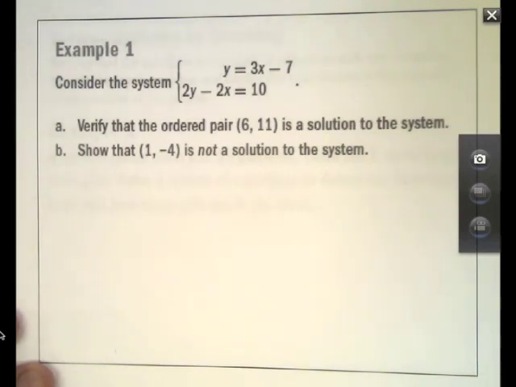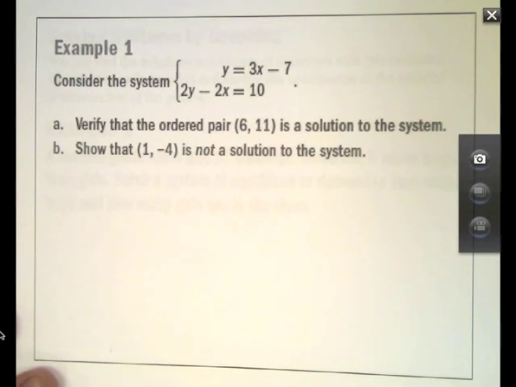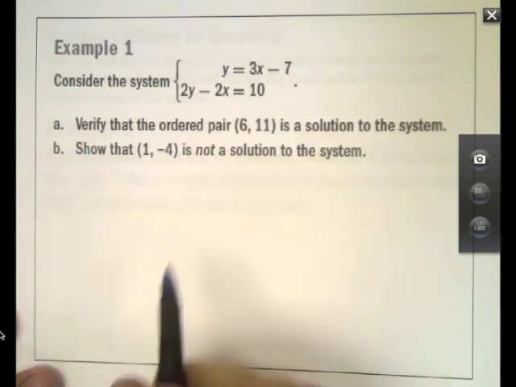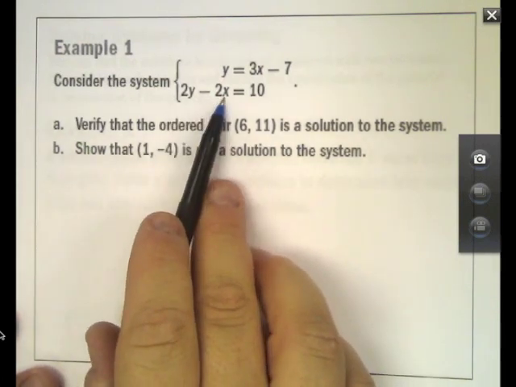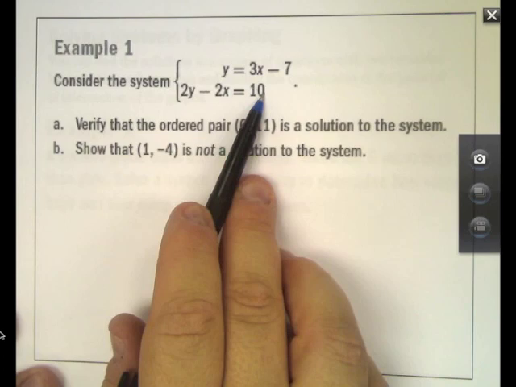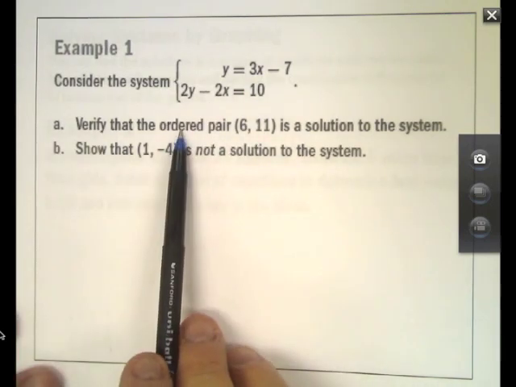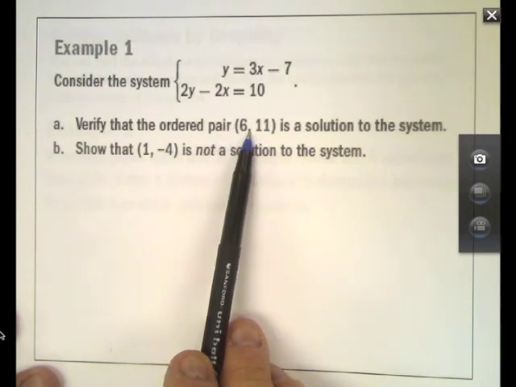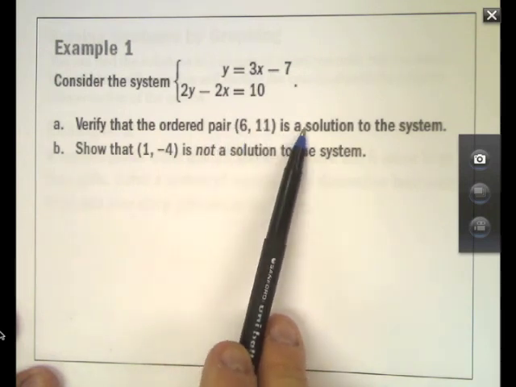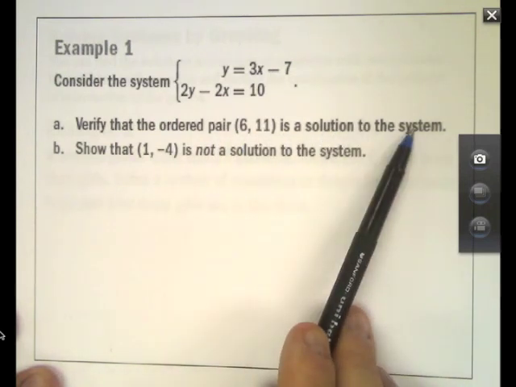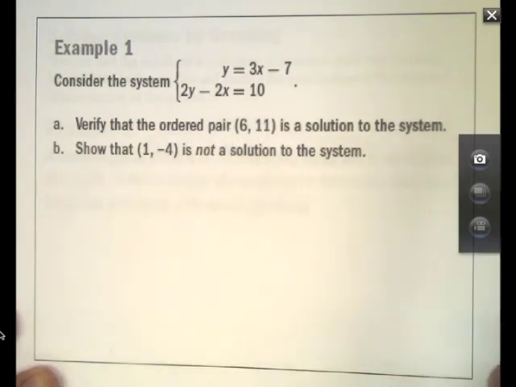If you look at example 1, it says consider the system: y equals 3x minus 7 and 2y minus 2x equals 10. Part A says, verify that the ordered pair 6, 11 is a solution to the system. So we want to show that that works.